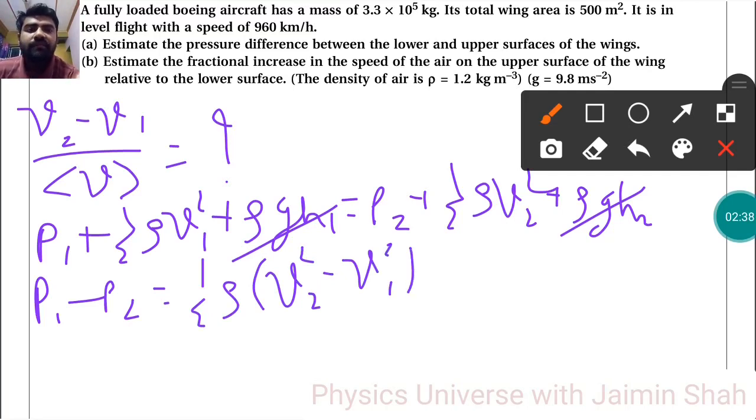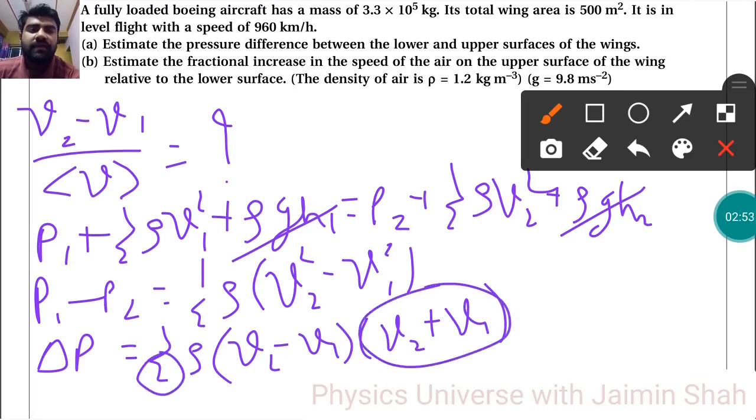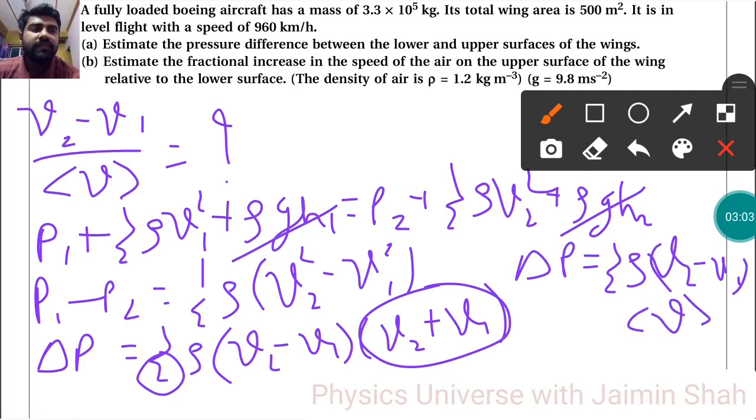Now p1 − p2, that is ΔP, the change of pressure, is equal to ½ρ(v2 − v1)(v2 + v1). Now (v2 + v1)/2 is like the average value, so ΔP is equal to ρ(v2 − v1) times average v, but we have to find this ratio.